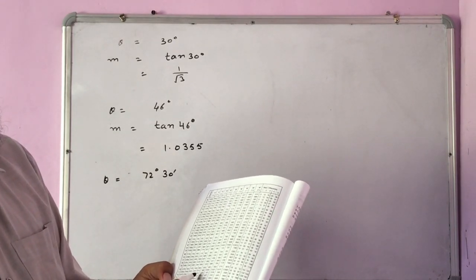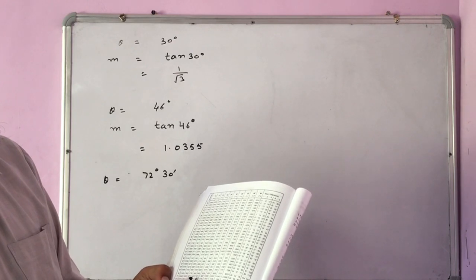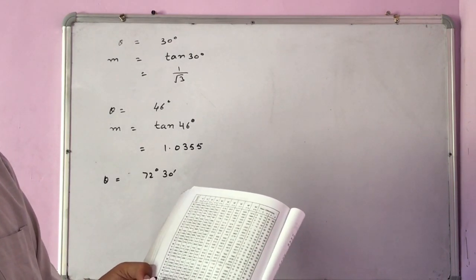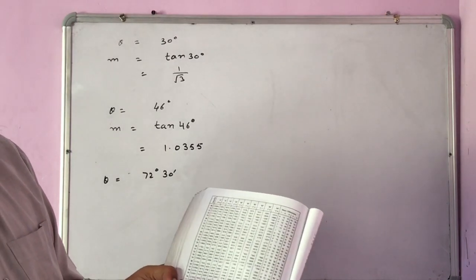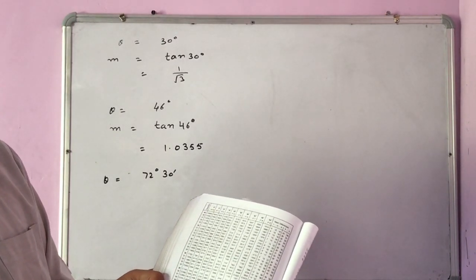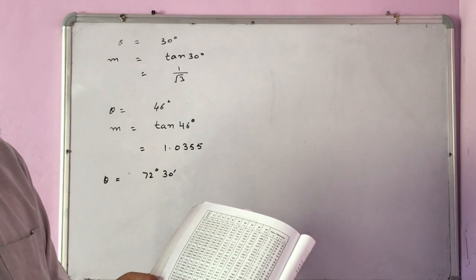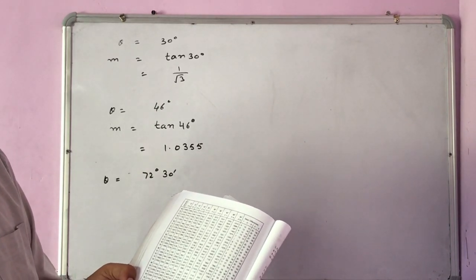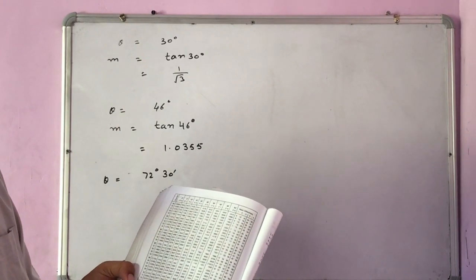Below 30 it is written as 1716. So 3.1716. The 3 point we take from the first, that is written under 0. So all the numbers will be 3 point something. So it will be 3.1716.